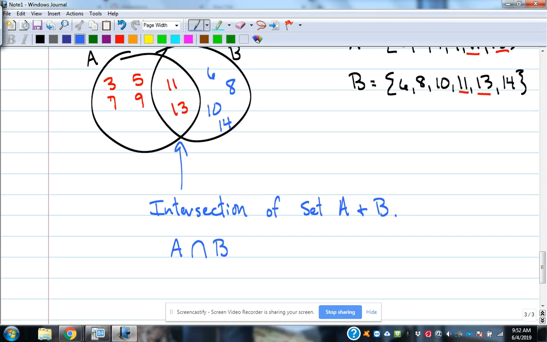Intersection is the upside down U. The intersection is the overlap. The elements in the intersection we know are 11 and 13. Those are the only numbers that are in both of those sets. So that's how we list the intersection of two sets.